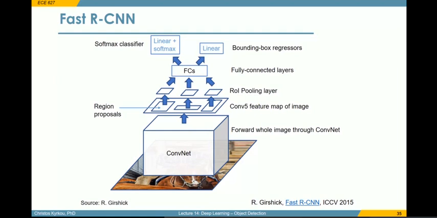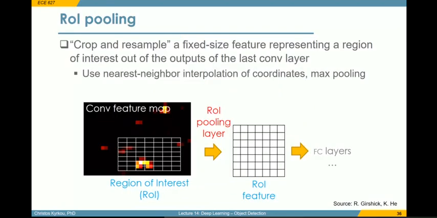Let's see now this new element, the ROI pooling layer, what it does and why it is useful. Its purpose is to make all the extracted features from the convolutional feature map the same size, so essentially normalize all these crops. And it works by first cropping the region and then resampling it to a fixed size.